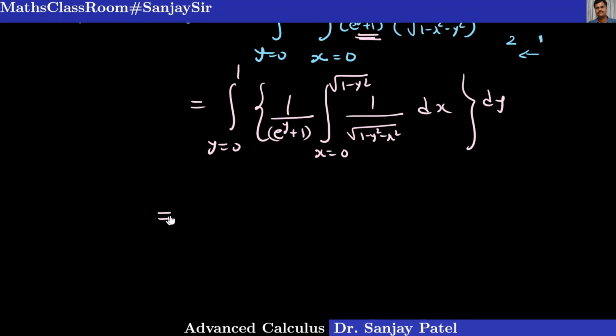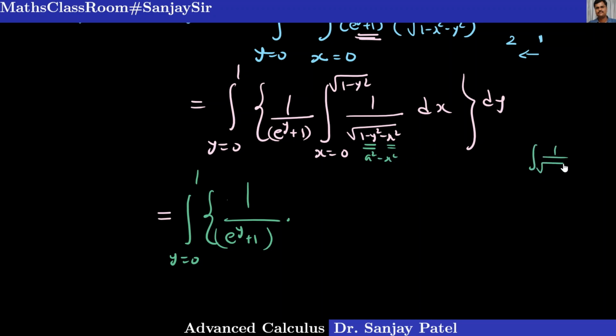Can you realize how to find the integral of this thing? This is equal to integral 0 to 1, then 1 upon e raised to y plus 1 into, now the integral of this you can think of as square root of a square minus x square, and you know the formula for the integral of 1 upon square root of a square minus x square dx.